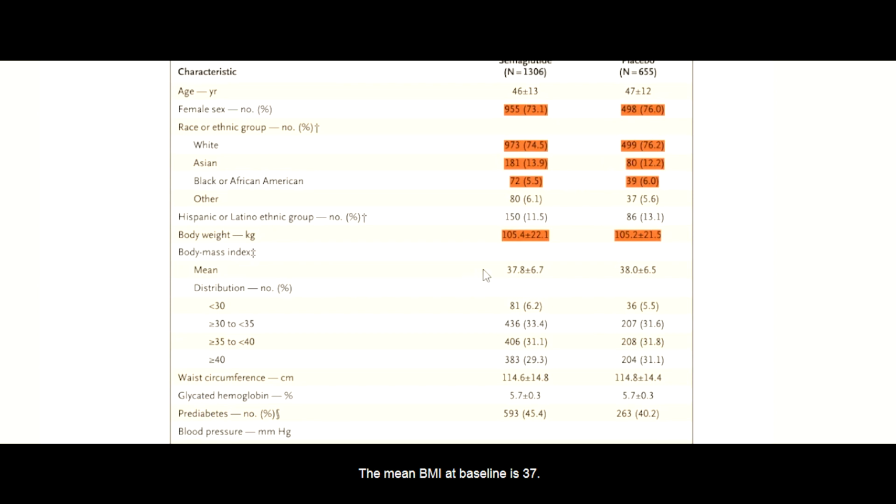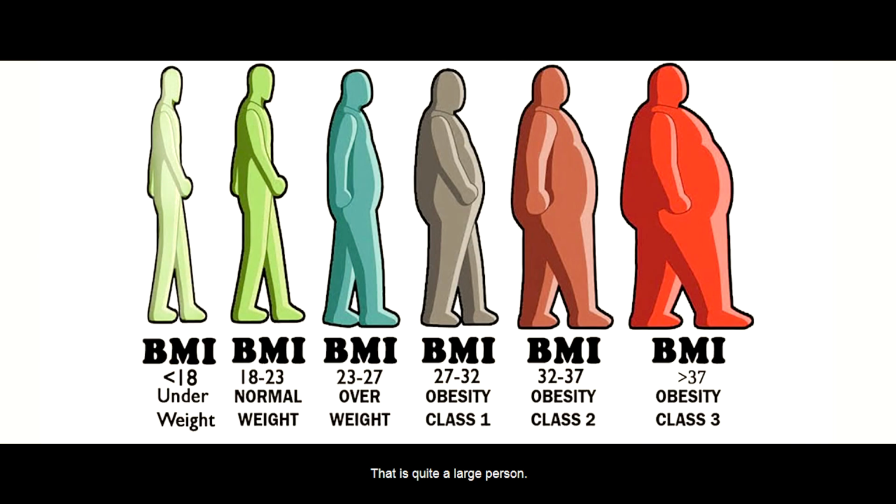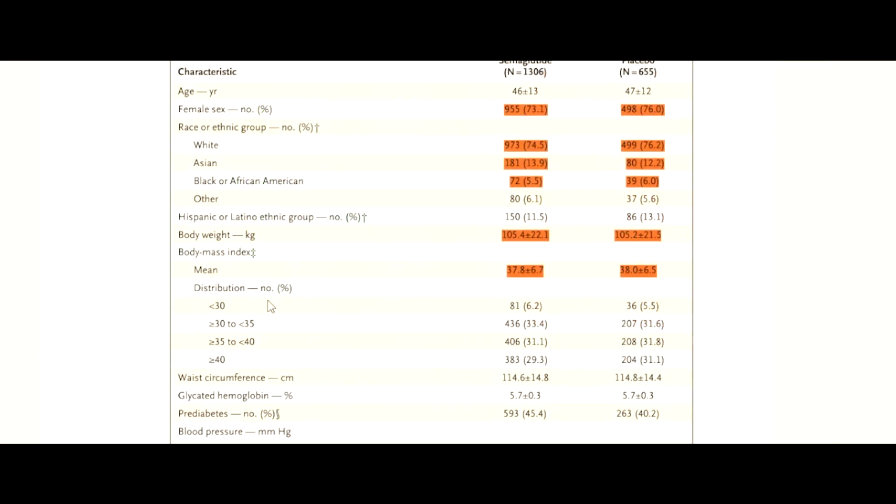The mean BMI at baseline is 37. That is quite a large person. Let's look at the breakdown of the BMI. Wow. So 60%, more than half, have a BMI above 35.